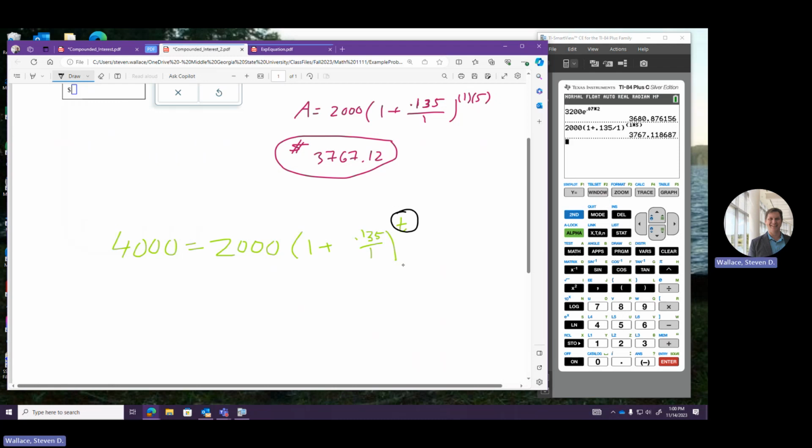That means we need to find a way to undo exponential functions. So if we divide both sides by 2,000, we get 2 equals 1 plus 0.135 to the t. We need to be able to get the t by itself somehow. And so that's when we need to use logarithms.